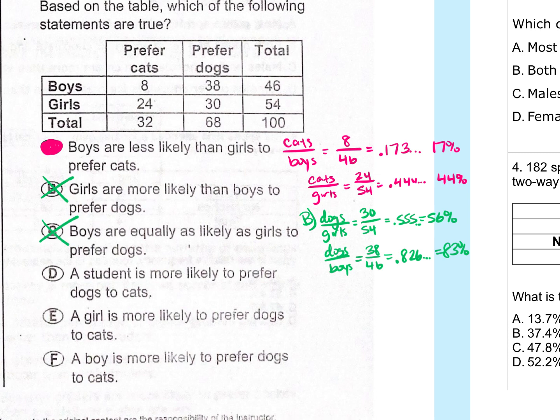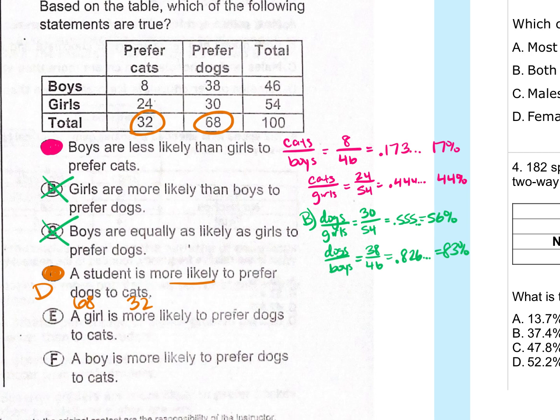D says a student is more likely to prefer dogs to cats. Well, the students who prefer dogs are 68. The students that prefer cats are 32. So this is true. E says a girl is more likely to prefer dogs to cats.